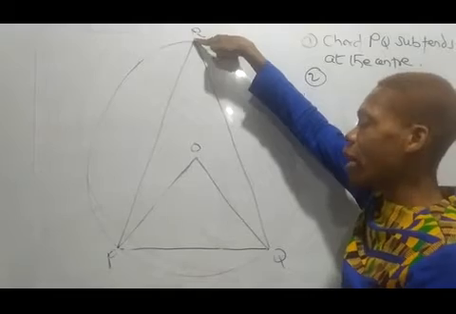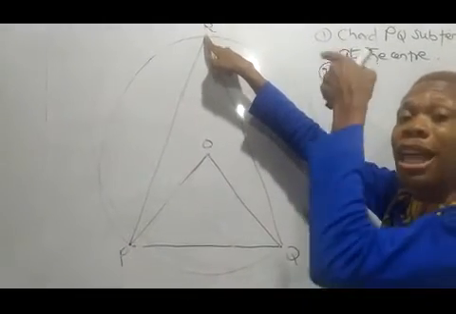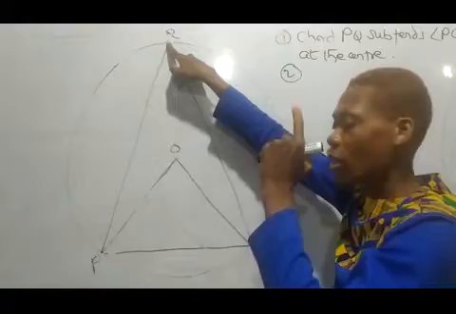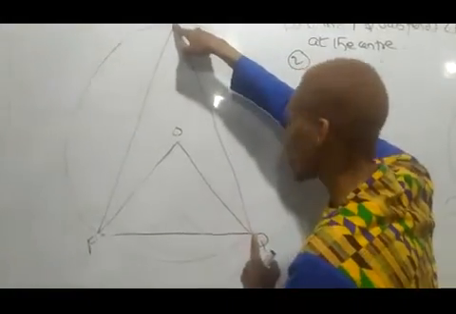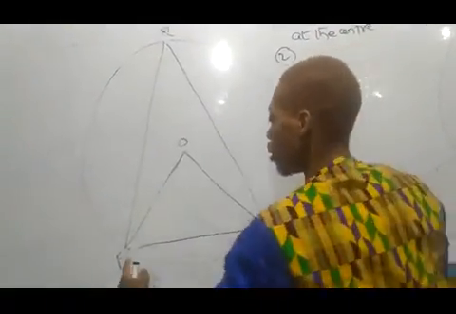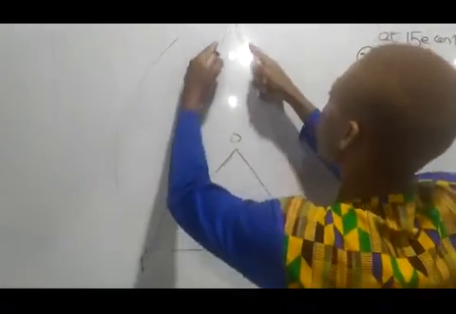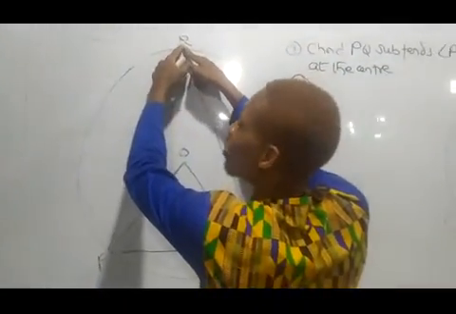So you realize that PQ is also subtending angle R, but R is at the circumference. So PQ subtends angle R at the circumference. So let's follow. If I follow these lines, you realize it's subtending R.